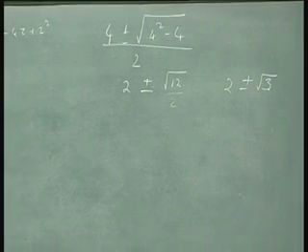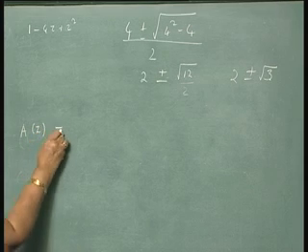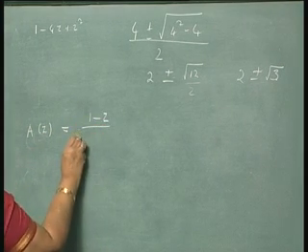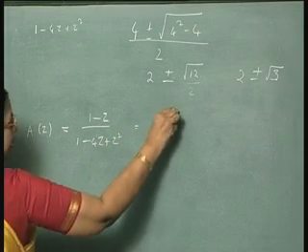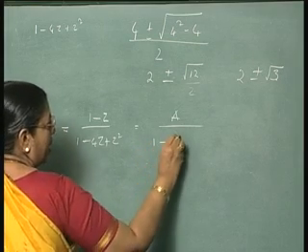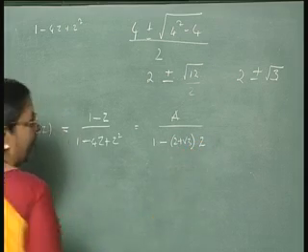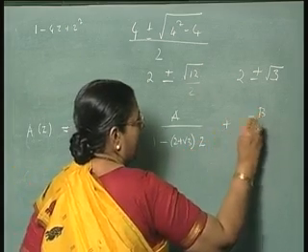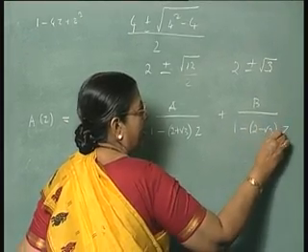First let us solve for A(z), A(z) equal to (1 minus z) by (1 minus 4z plus z squared). This you can write as a by (1 minus (2 plus root 3) z), resolving into partial fractions, plus b by (1 minus (2 minus root 3) z).